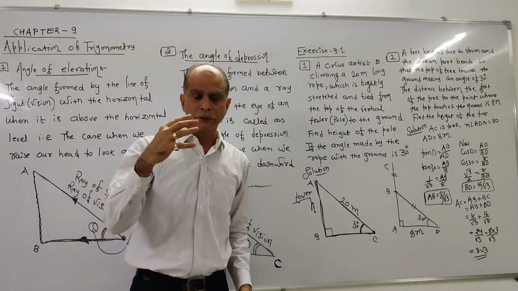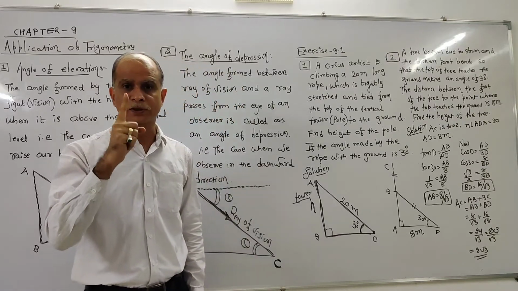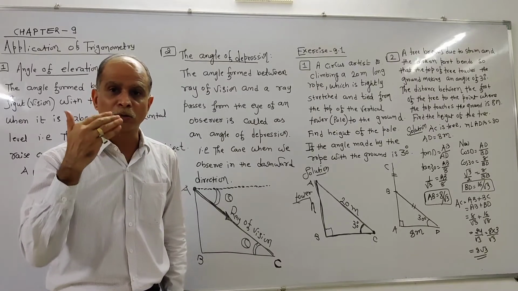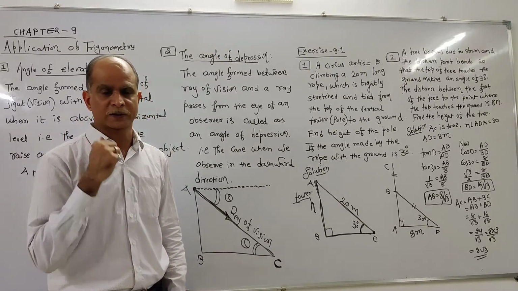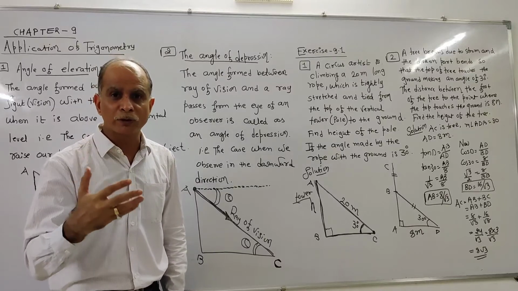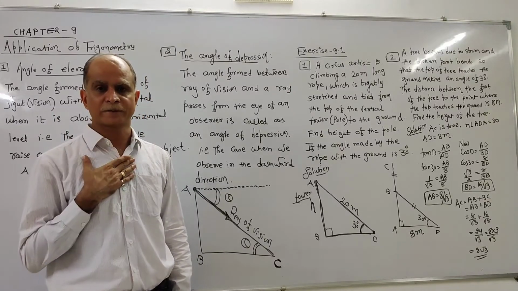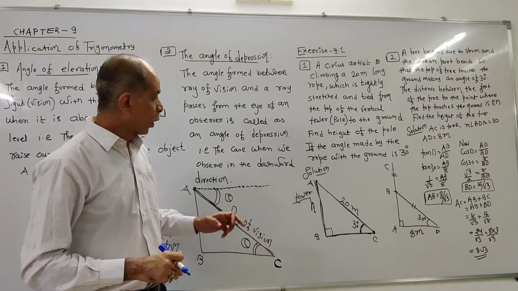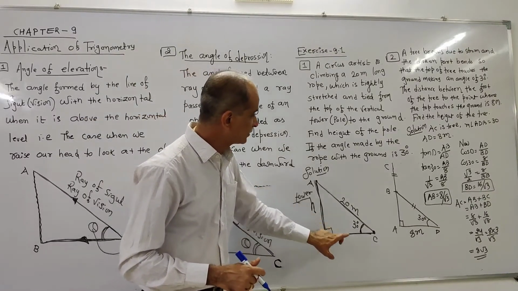Now you have to use the first formula of chapter number 8. That is, sine is equal to opposite upon hypotenuse. Cos is equal to adjacent upon hypotenuse. Similarly, tan is equal to opposite upon adjacent.